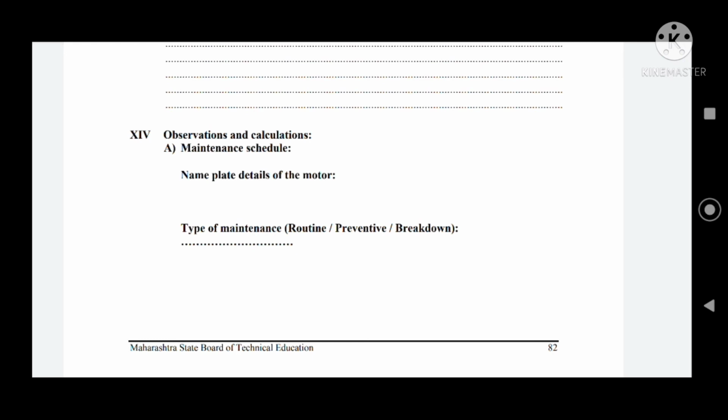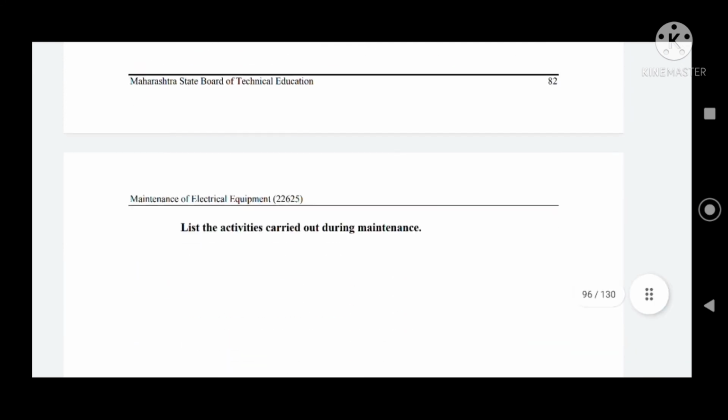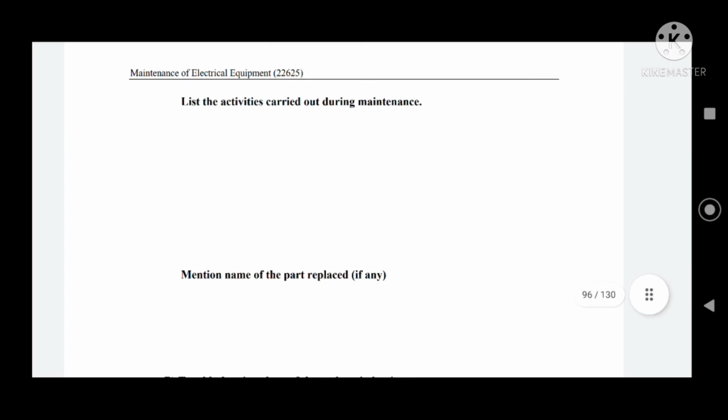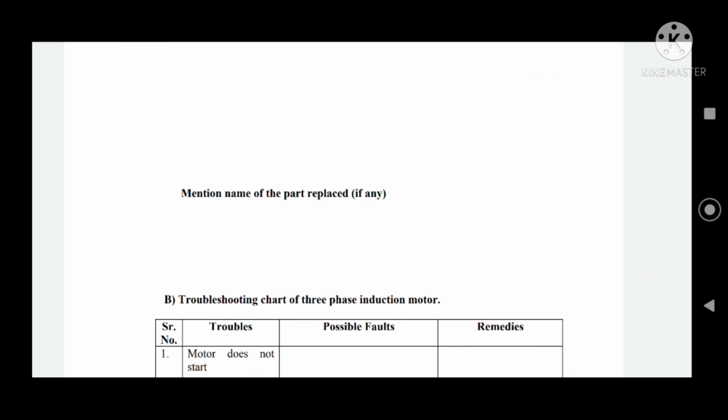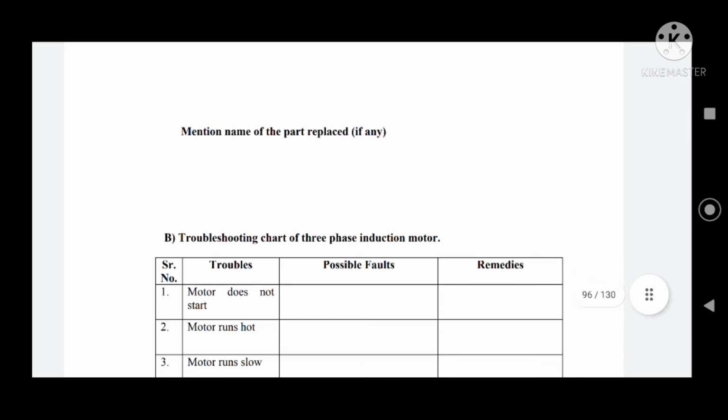Then you have to write down types of maintenance, that is routine, preventive or breakdown. Then you have to write down list the activities carried out during maintenance. Next, mention name of the part replaced. So if you replaced any part in this maintenance, then write down that part of the machine.